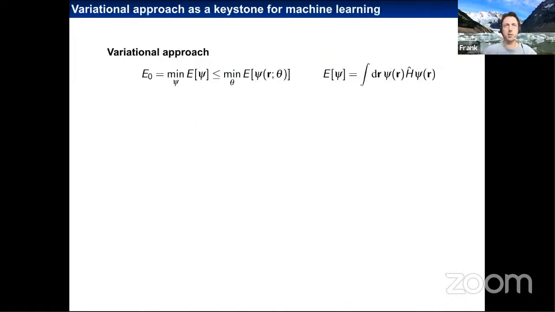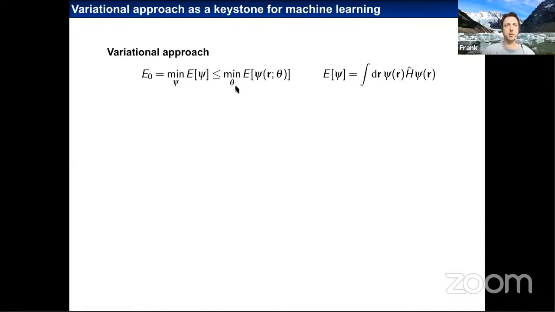And okay, so what's the idea? So first of all, what is the learning problem that we want to solve? So we need a formulation of solving the electronic Schrödinger equation, which is an optimization problem. And the natural choice here is the variational formulation. So if we are looking for the ground state, that means we're looking for the minimum energy, which is the minimum over this functional here, which is the energy expectation value, evaluated over a set of ansatz functions.